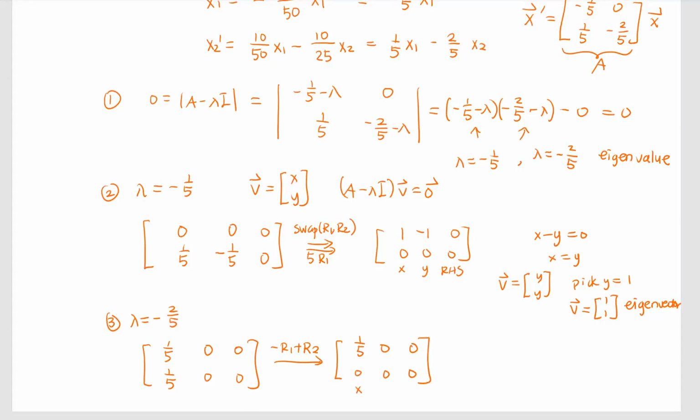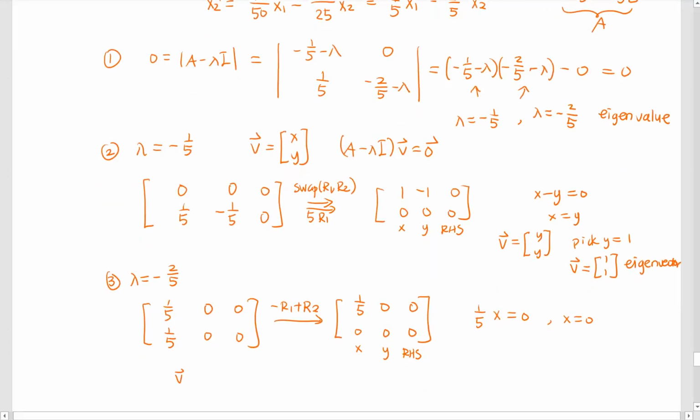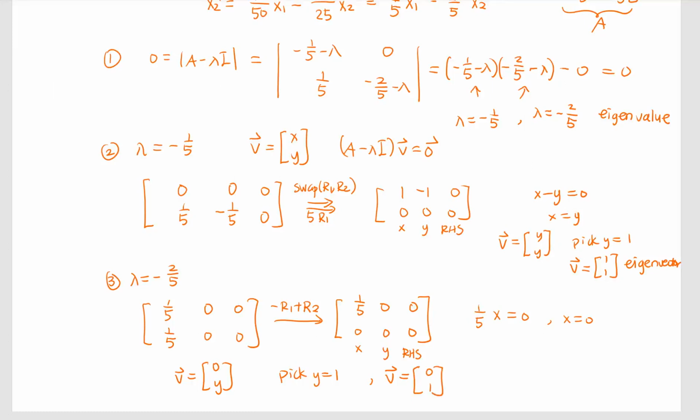This is x, this is y, this is the right hand side. So the first row tells us that 1/5 x is 0, so x is 0, and v is (0, y). We can pick y to be 1, then v is (0, 1). This is the eigenvector. So now we have found 2 eigenvalues, and for each eigenvalue we can find an eigenvector.